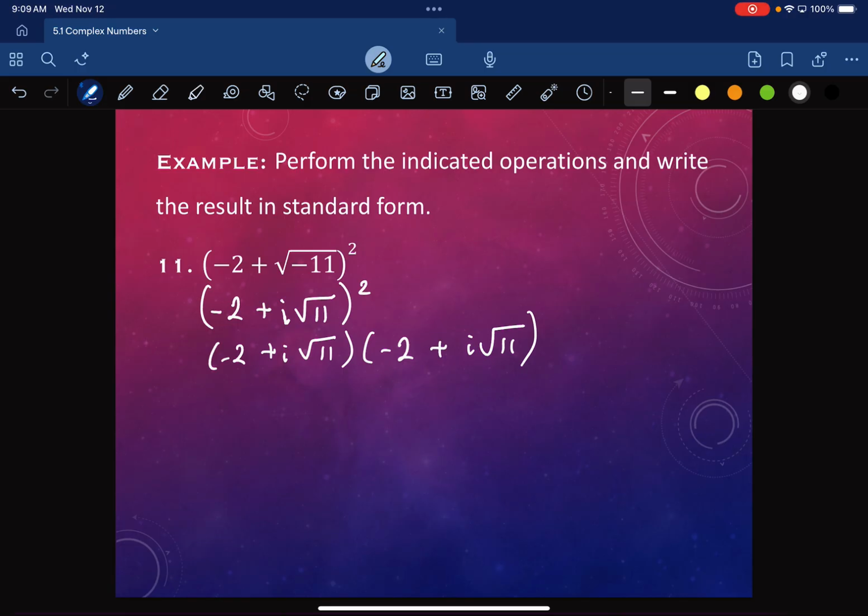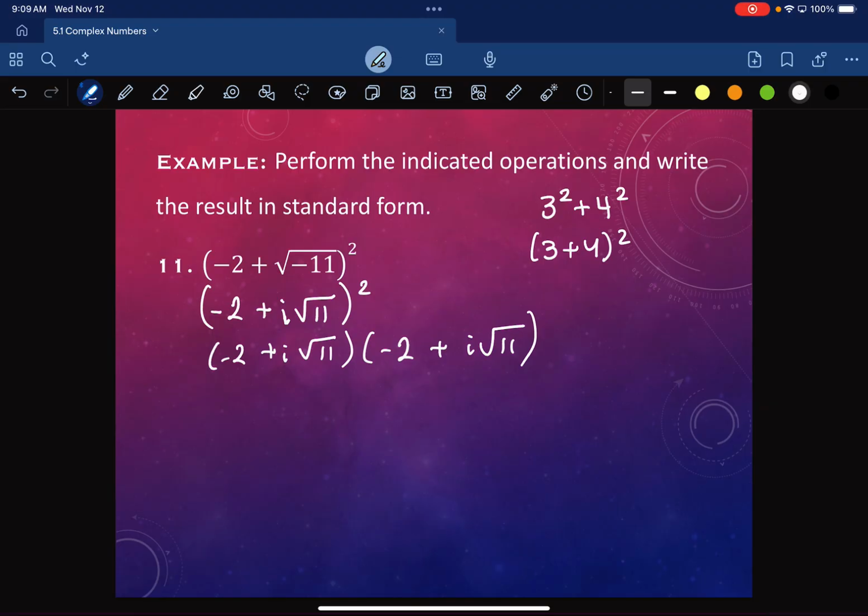Okay, it is tempting to think that we can just square each of the components inside, and we absolutely cannot. And I'm going to remind you why, because we've seen it before, but we're going to see it again. If we had 3 squared plus 4 squared, and we also had (3 plus 4) squared. Let's say we have this, okay? The temptation is to think that somehow these are the same expression.